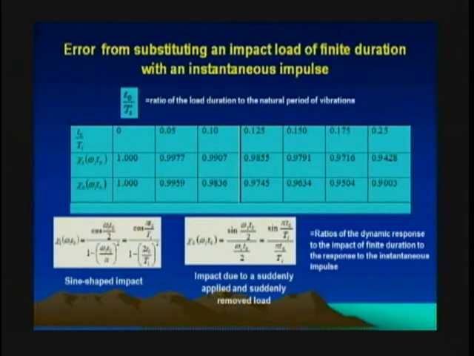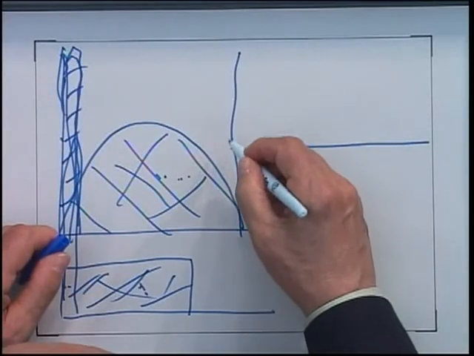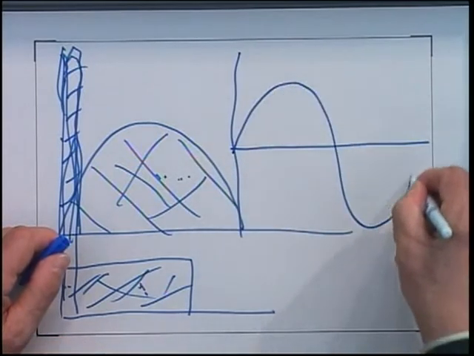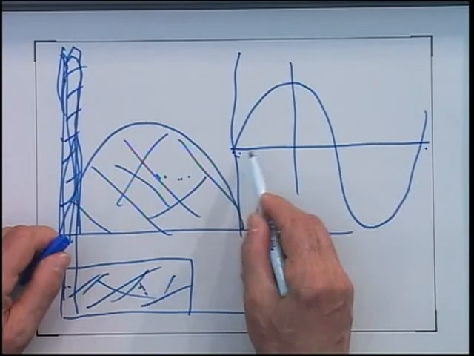Then when the duration of the actual load increases, the error increases. But look, it increases not as rapidly as you thought it would. For instance, if the duration of a loading is a quarter of the period of vibrations, let me show here what it actually means. Let's say these are vibrations, and this is a period, and this is a quarter of a period.